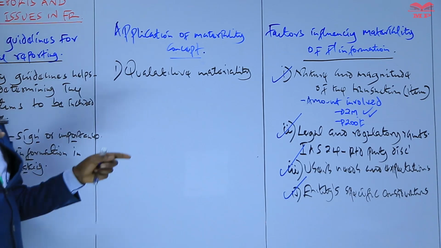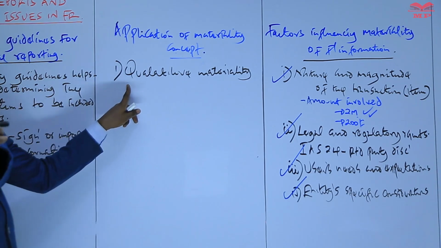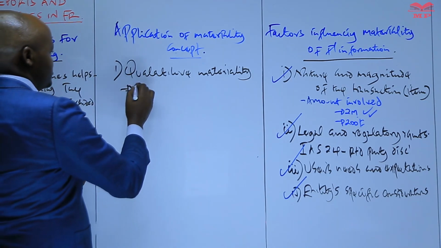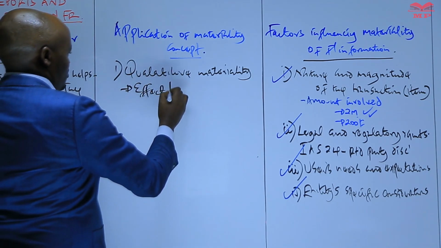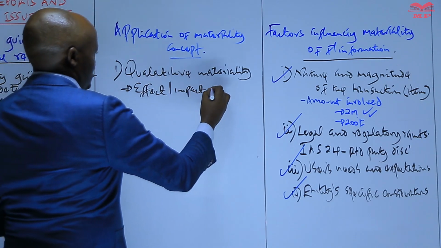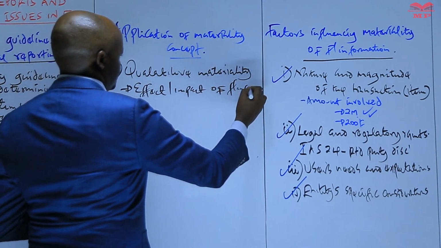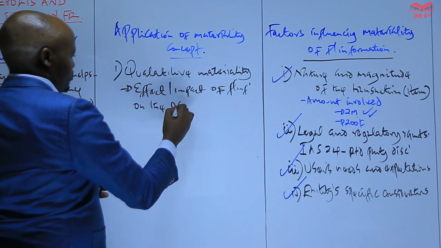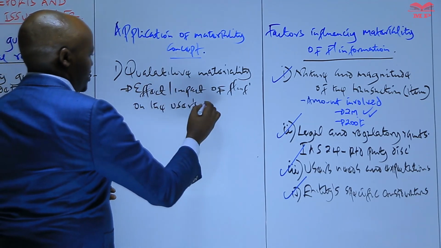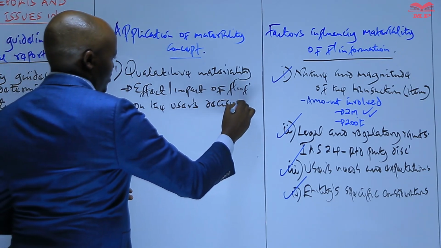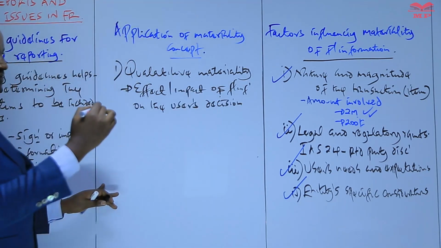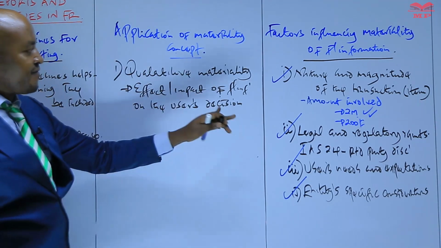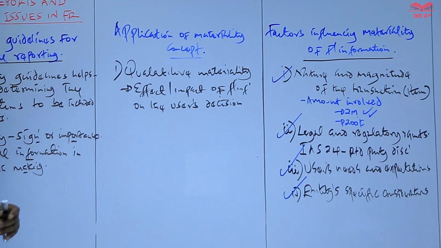So under qualitative materiality, we look at the effect, or basically the impact, of financial information on the user's decision. If an item or financial information will affect the user's decision, it is material. If it will not affect the user's decision, then we say it is immaterial.